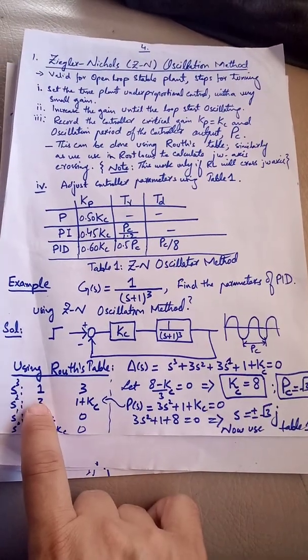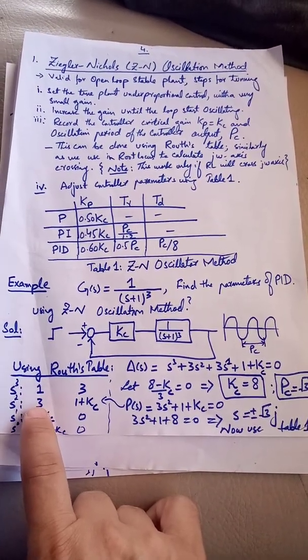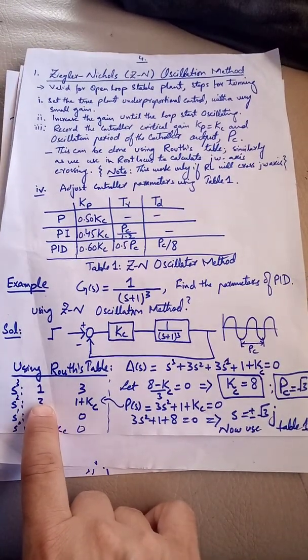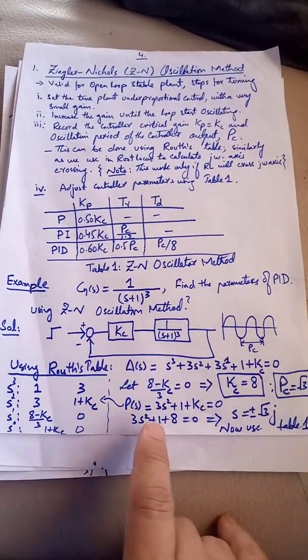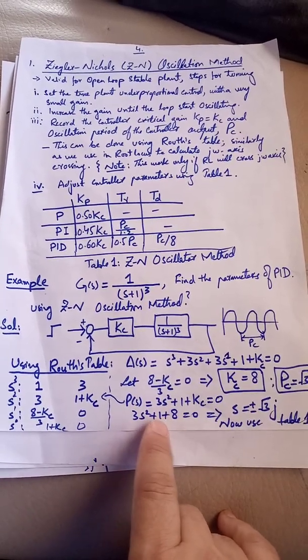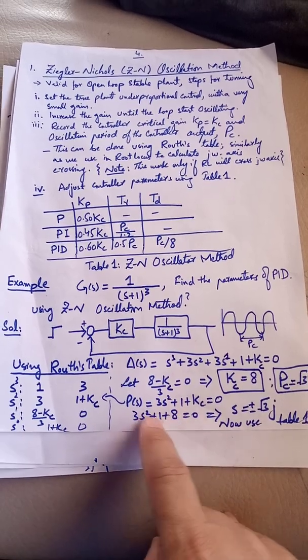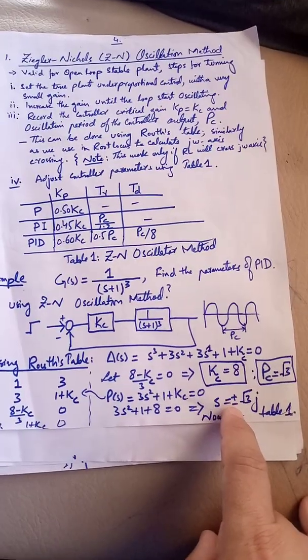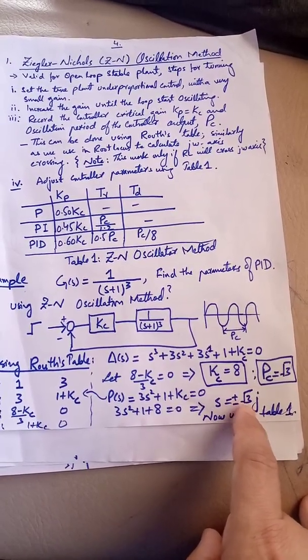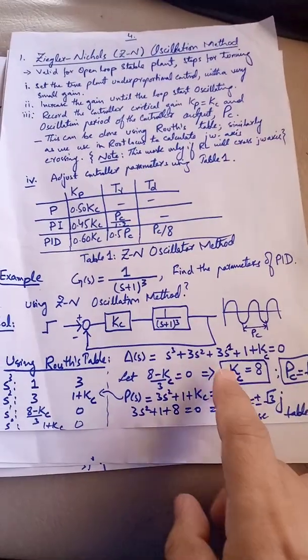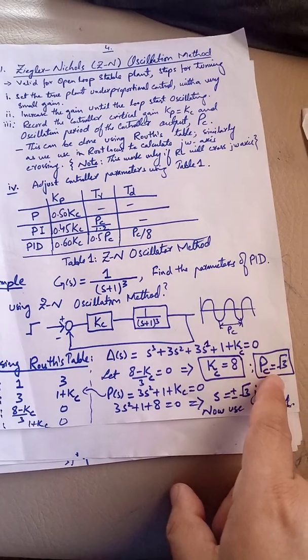Now we have to write the polynomial from the row above, because this is related to s square, so this becomes 3s square plus 1 plus Kc. Instead of Kc I put 8 here. Now I solve for s, and s becomes plus or minus j under root 3. So from here the oscillation frequency becomes root 3.